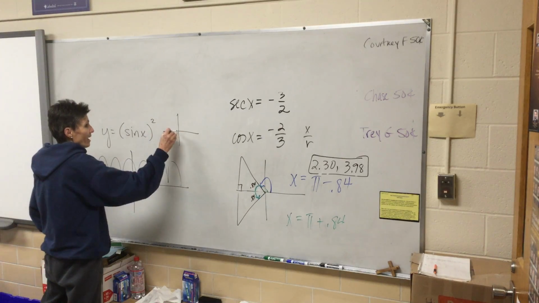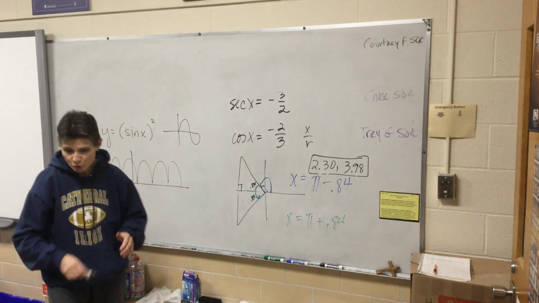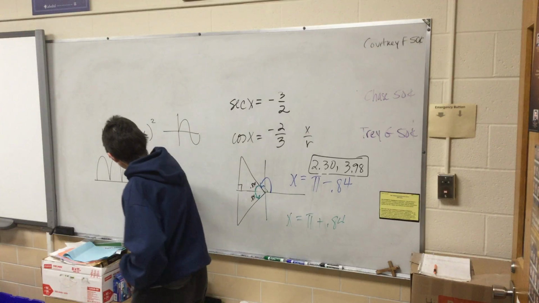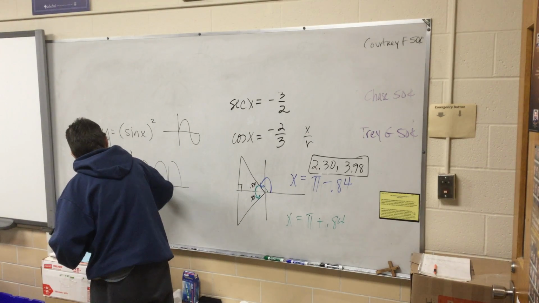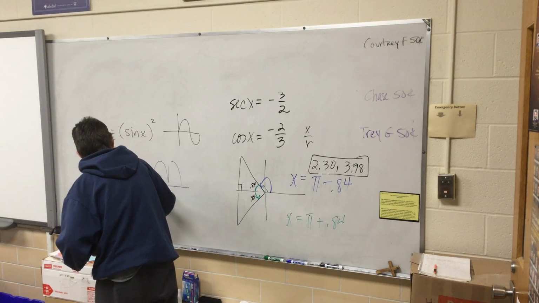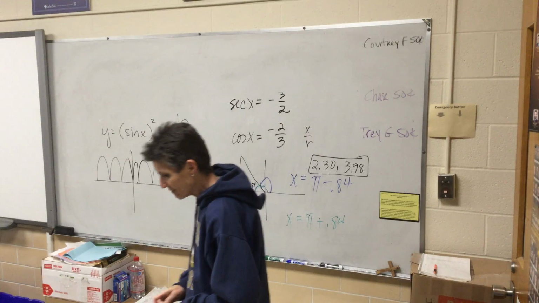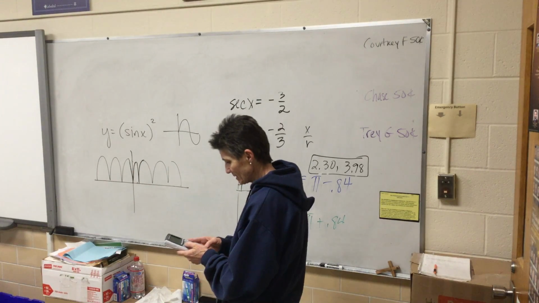The normal sine has hills and valleys, right? What happens when you square something? It just becomes positive. So does it make sense that all of the things are now hills and there aren't any valleys in there? Because when you square it, it's positive.